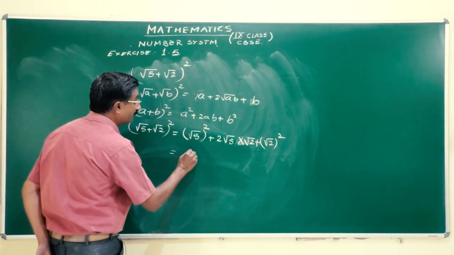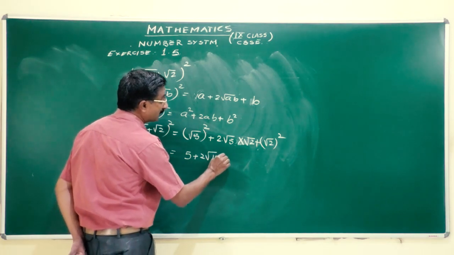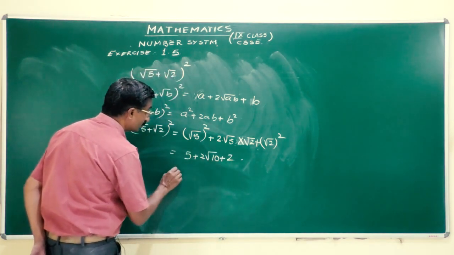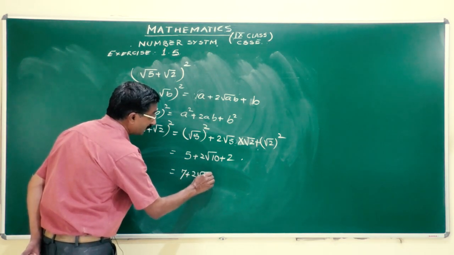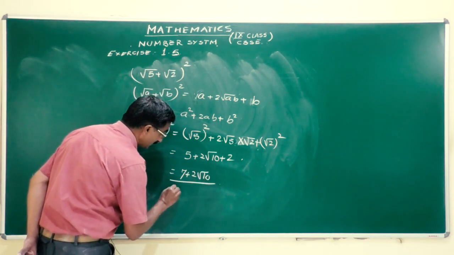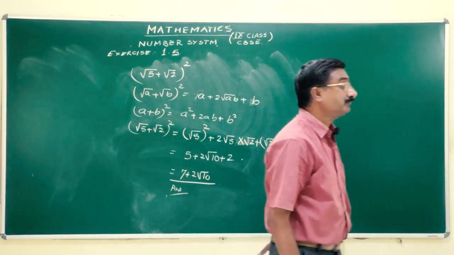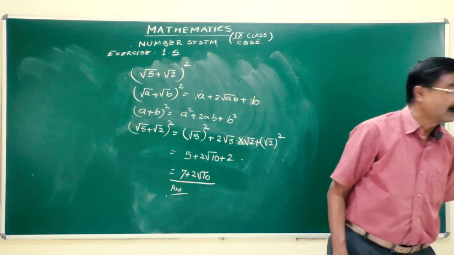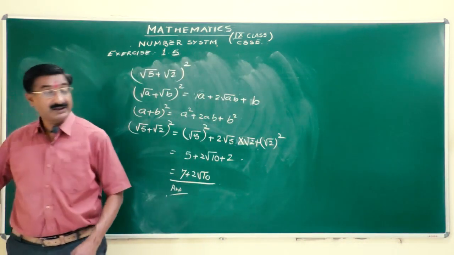So this is equal to 5 plus 2 root 10 plus 2. 5 plus 2 is 7 plus 2 root 10. So this is the answer. The next question is under root 5 minus under root 2, under root 5 plus under root 2.